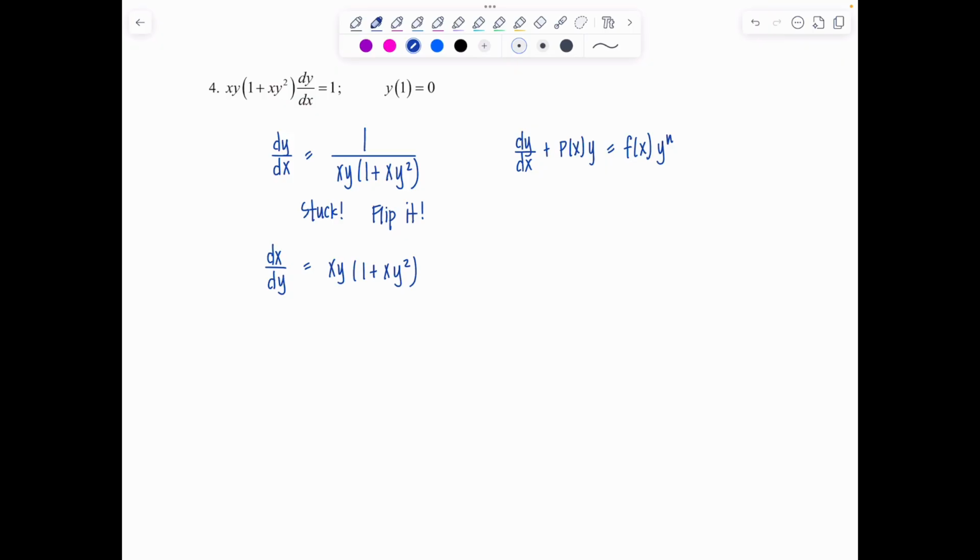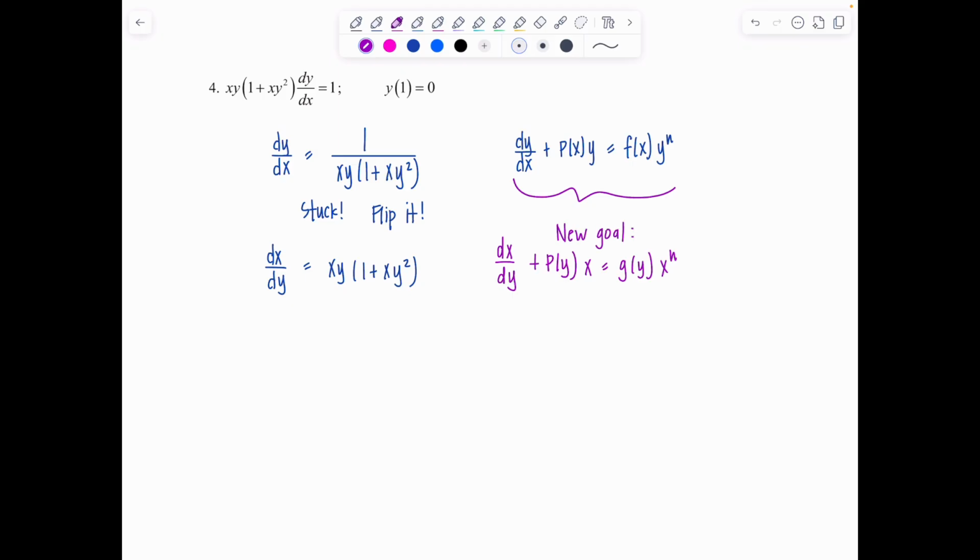So then now kind of what's your goal? Not this. Your goal would be dx/dy plus p of y times x equals, exactly, so you would have q of y, g of y, x to the n. Yeah? Okay. So that's our new goal. Can we get it in this form?